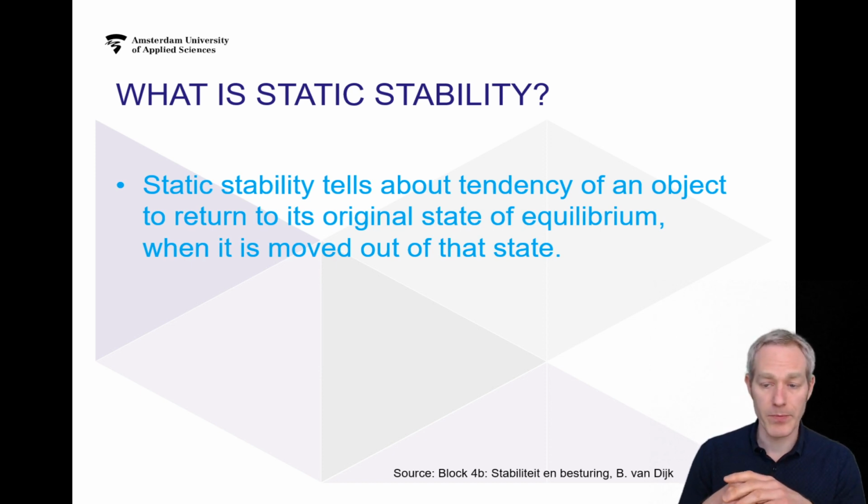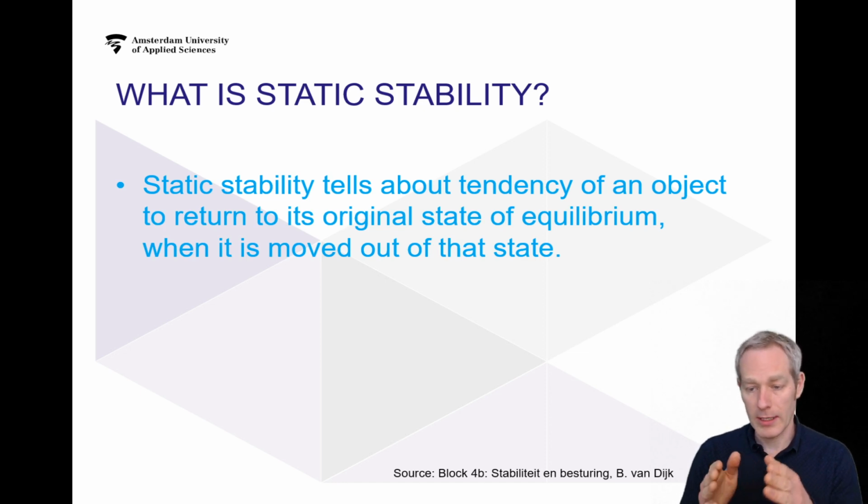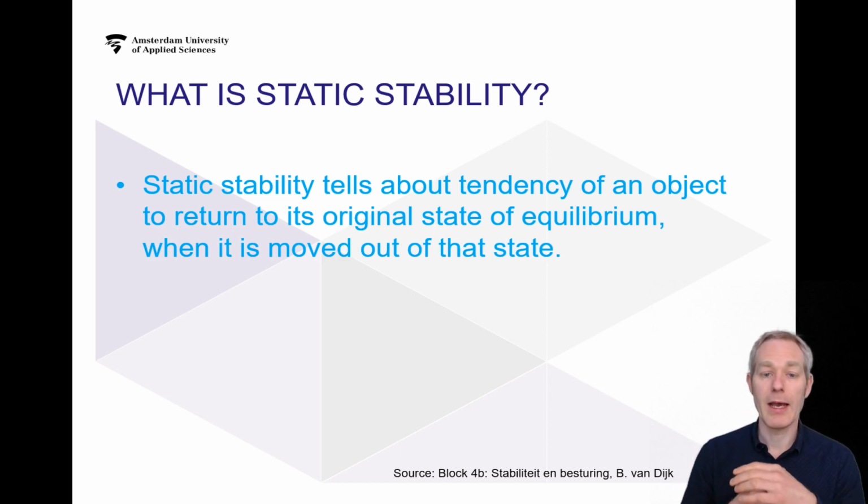state of equilibrium. So if a ball is moved sideways, it will first go back towards the bottom of the bowl. And this is also the case in what we want in an aircraft.